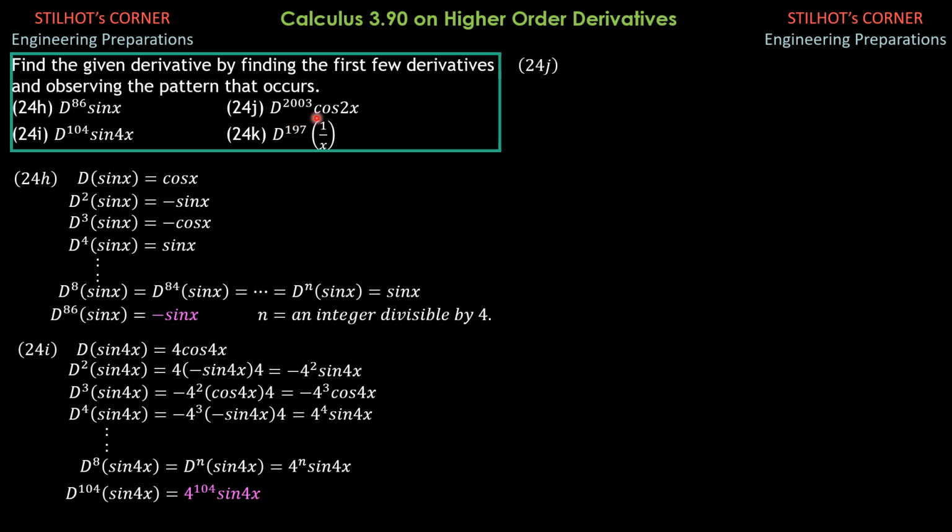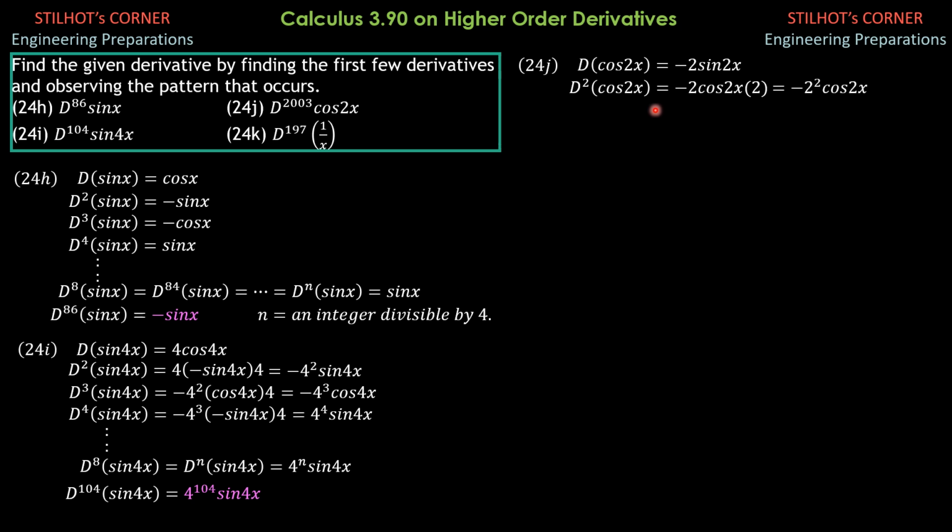We have the 2003rd derivative of cosine 2x. The first derivative is negative sine 2x times 2, so it's negative 2 sine of 2x. The second derivative is negative 2 times cosine 2x times 2, so that's negative 2 squared cosine 2x.